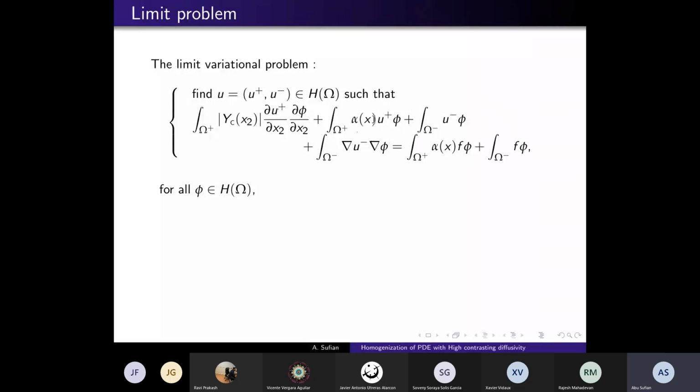Now this alpha x captures the contribution corresponding to the insulating part.